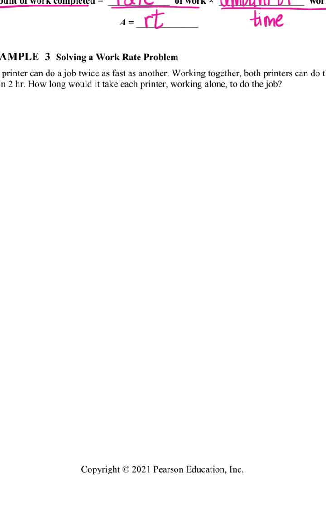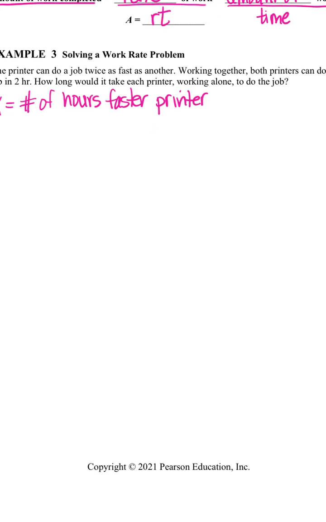So x equals the number of hours for the faster printer. And it says it can do it twice as fast, so that means the slower printer is 2x.